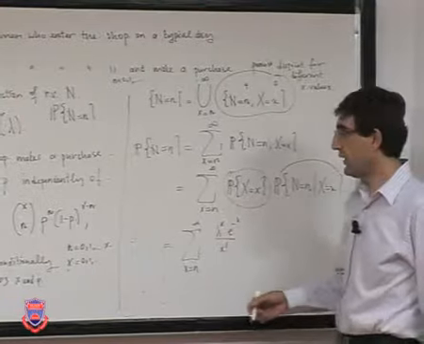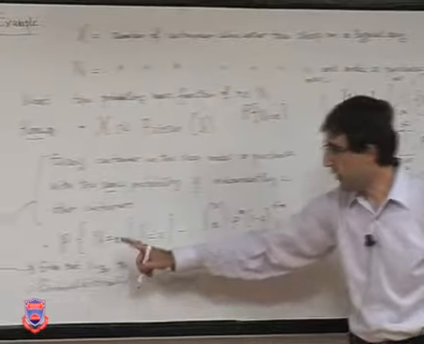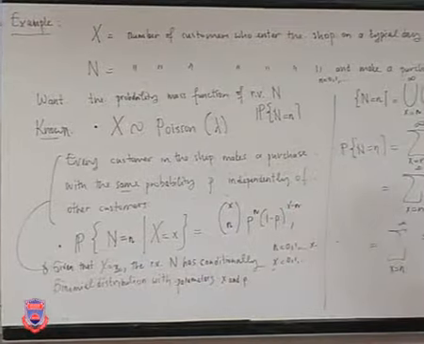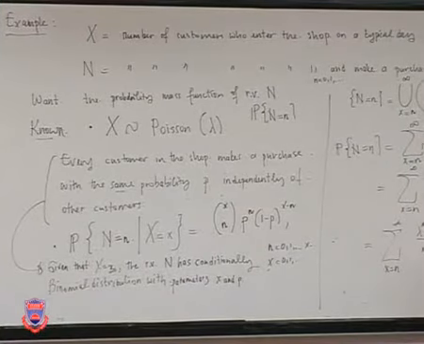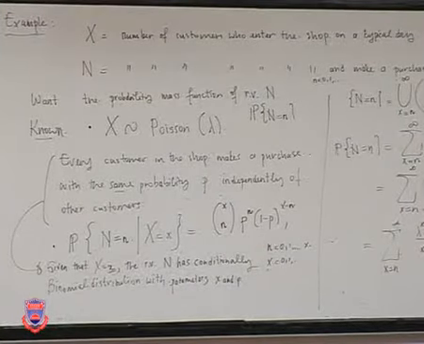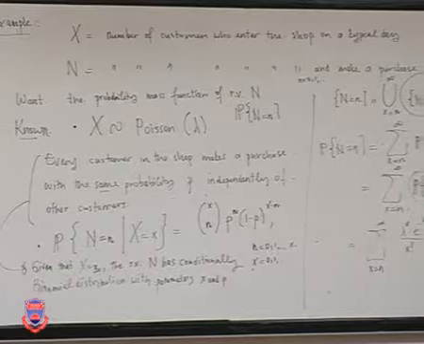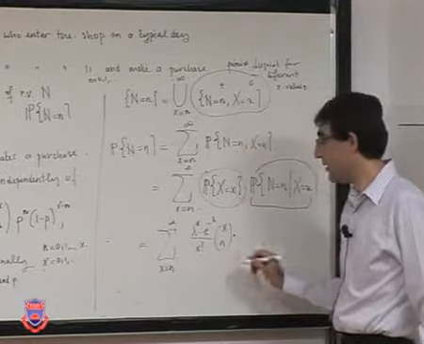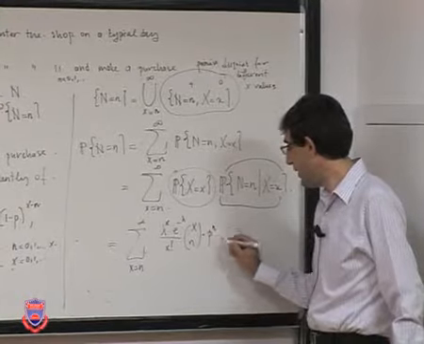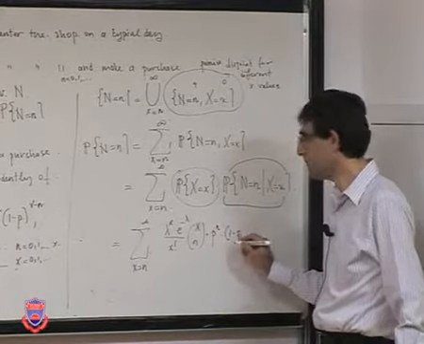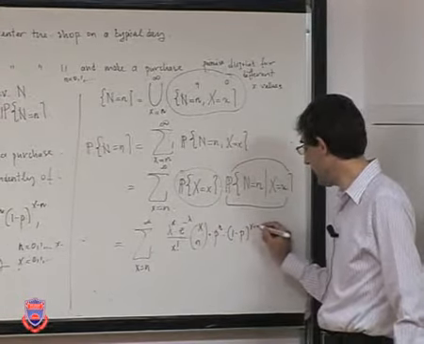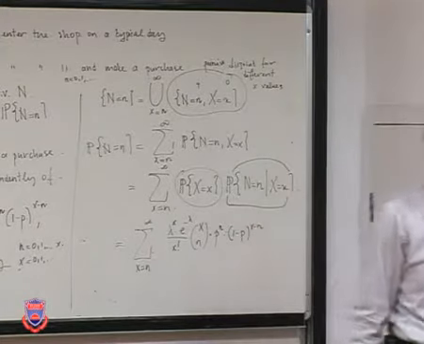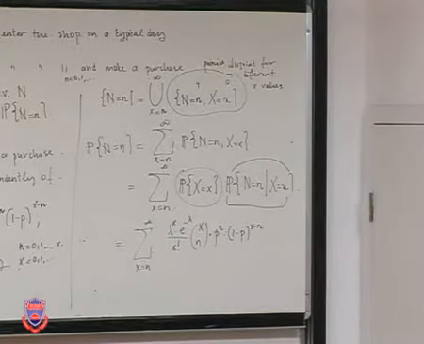Okay, so that's great. So this has a name. Conditionally it has a binomial distribution with parameters x and p. And this now equals, just as I wrote over there, x choose n times p to the power n times 1 minus p to the power x minus n, right?